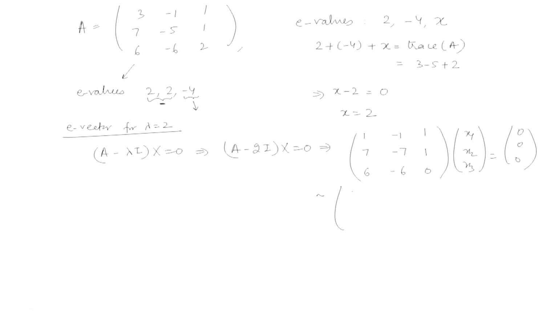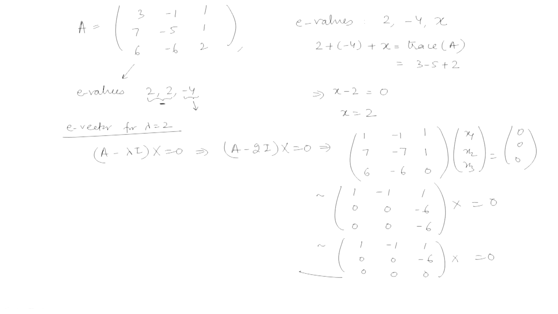Now, it is 1 minus 1 1, and you can take one operation: this row minus 7 times the first row gives 0, 0, minus 6. The third row minus 6 times the first row gives 0, 0, minus 6. Then this row minus that row gives 0 here. We are trying to make the echelon form of this.